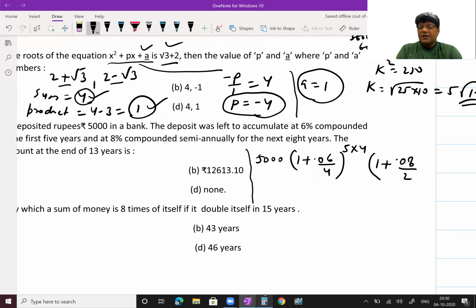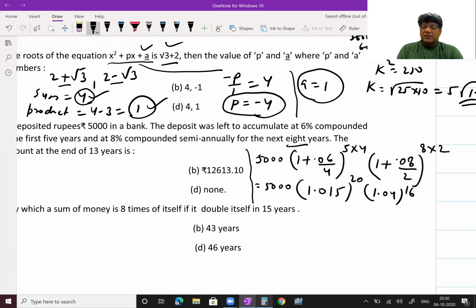So your k value is 2, to the power nk. N means number of years, how much? 8. K value how much? 2. So n is 8, k is 2. This is equal to 5000 into 1.015 to the power 20 into 1.04 to the power 16.